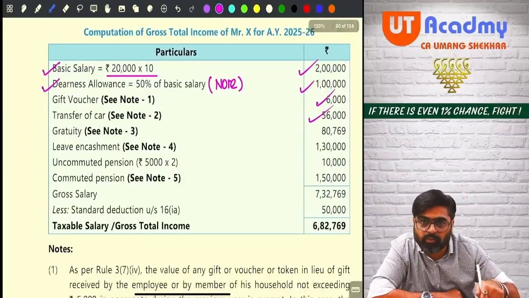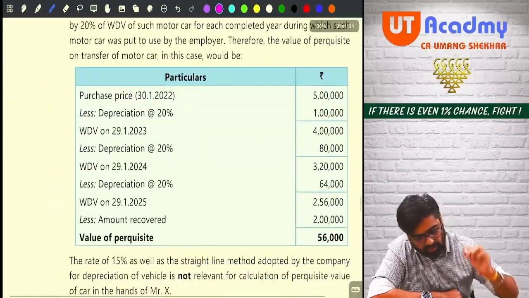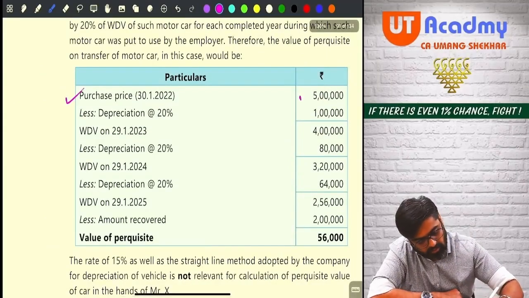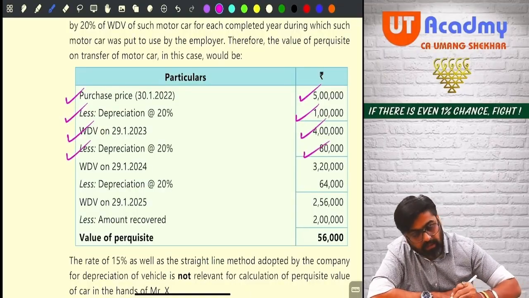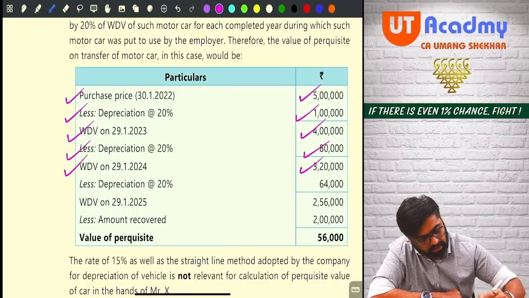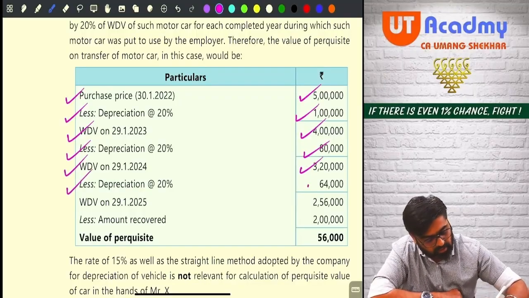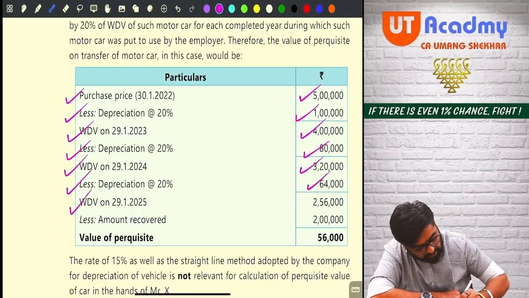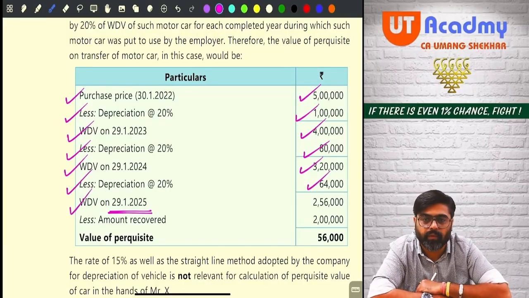And how did we get this 56,000? Please check this note. Purchase price 5 lakh. Depreciation first year 1 lakh. WDV 4 lakh. Depreciation second year 80,000. WDV 3 lakh 20. Depreciation for the third year 64,000. WDV as on 29 January 25.